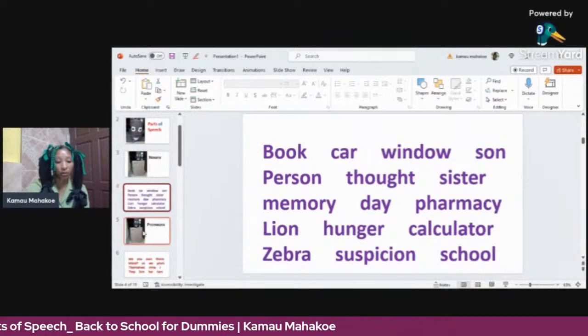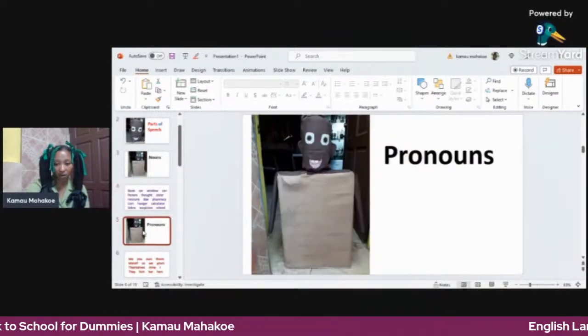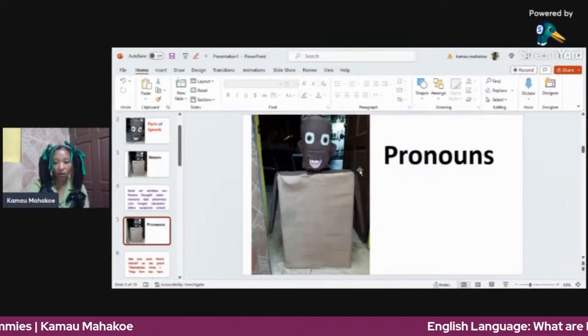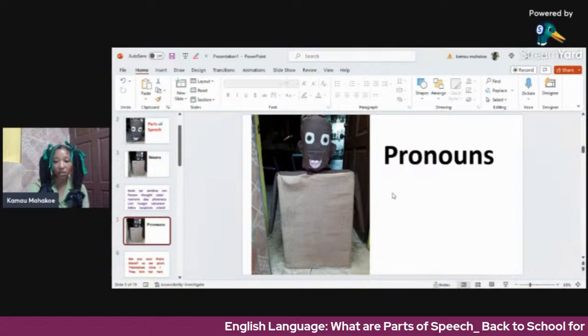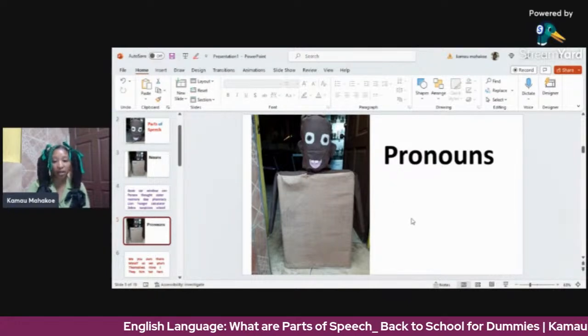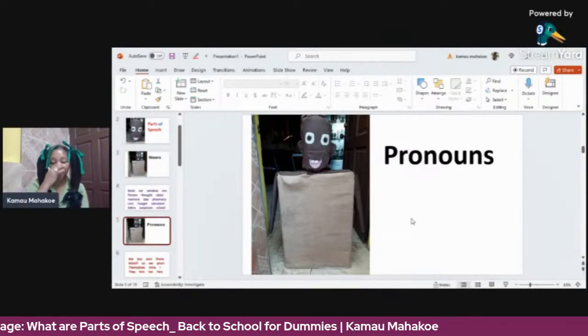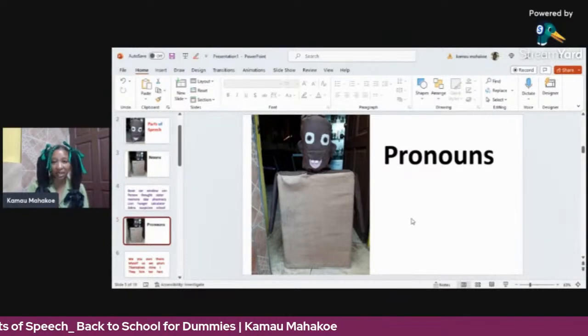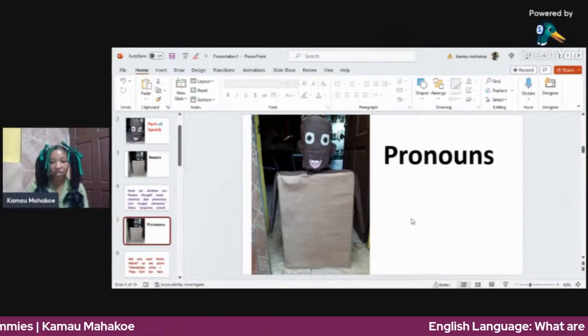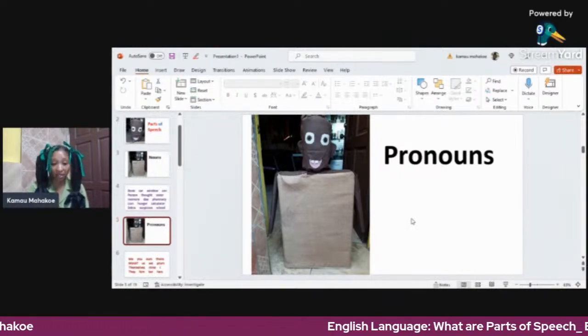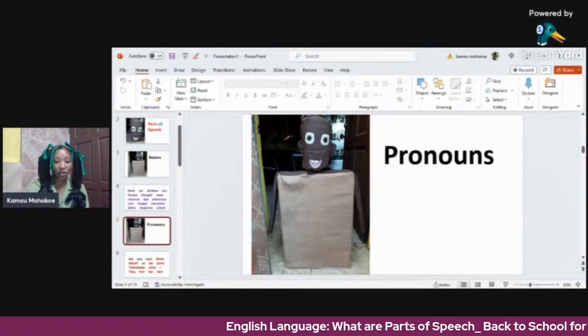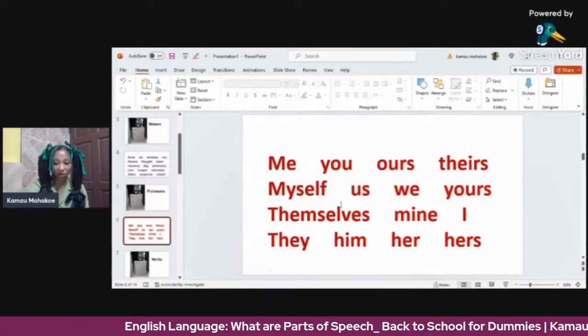So now we go to the pronouns. Pronouns. And if you look at the roots of the word pronoun, you'll see the prefix pro. Usually the prefix pro indicates for or instead of. So pronouns actually are used instead of nouns.